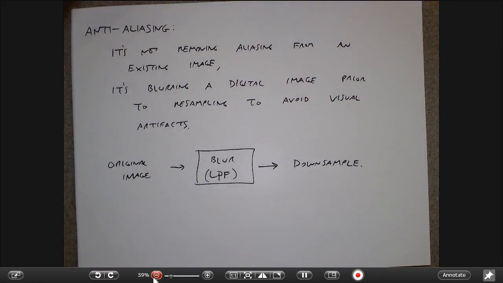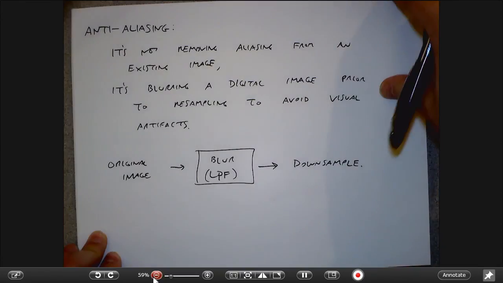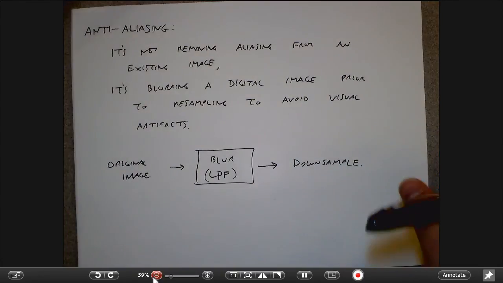And so why do we do that? When we took DSP, we talked about sampling, upsampling and downsampling. What's happening in the frequency domain when I downsample an image is the following.